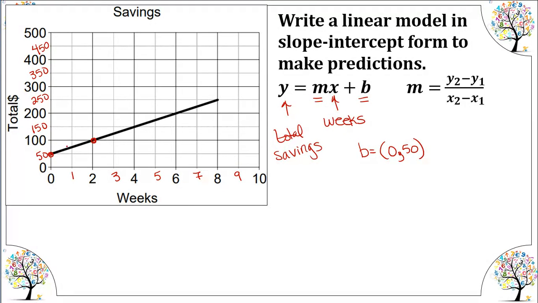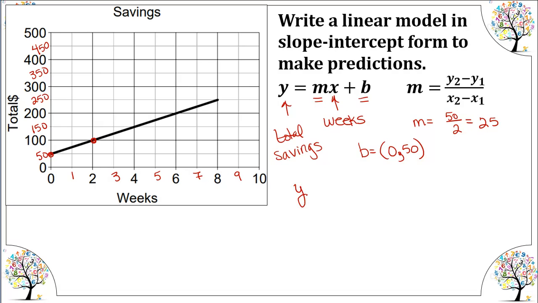I like to look at values that come on the corners of each of these axes. So we can see that we're going up 50. So my slope is going up 50, so rise over run, and then the run is 2. So this simplifies to 25.